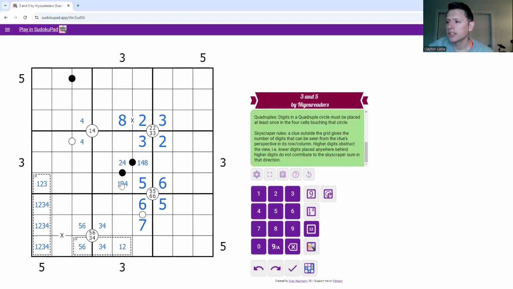Maybe we need to consider how this 1, 2, 4 triple works, because no matter what now, unless this is a 9, the 8 is we will see this 8 in this skyscraper. And if this is a 9, then we'll see the 9, which will always be one of those 3 digits that we see. We can only have 3 increasingly tall digits.